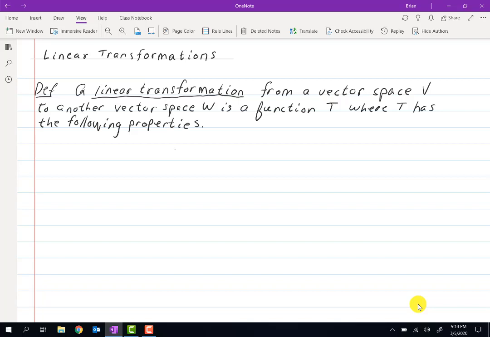So here's the first property. If I have two vectors in V, say U and V, then T, since it's a function from V into W, is going to send this sum into some sort of a vector over in W. However, the rule that we must abide by is that I can break this into this kind of a sum.